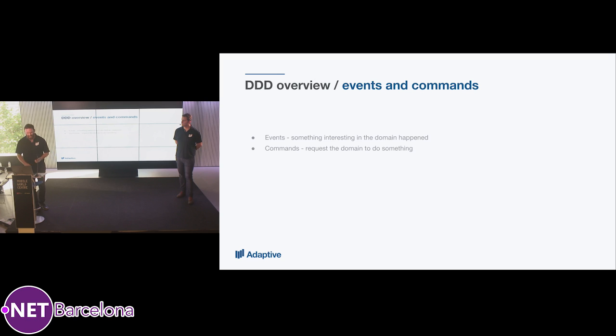In DDD, things that affect or change the state of the system are modeled as domain events. In that way, events can be described as messages that represent something interesting that happened in the business. And they're always named in the past tense, like customer moved or address updated or something like that.